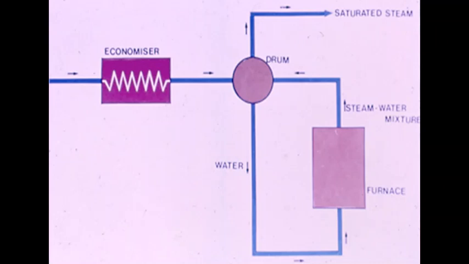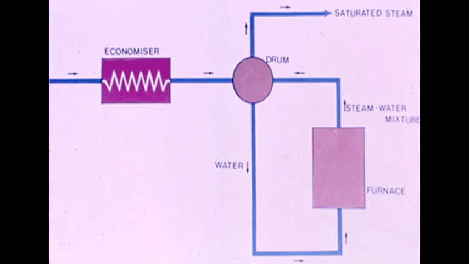In the economizer, we have sensible heat addition. There is no steaming, and we raise the temperature of water by around 40 to 50 degrees centigrade.